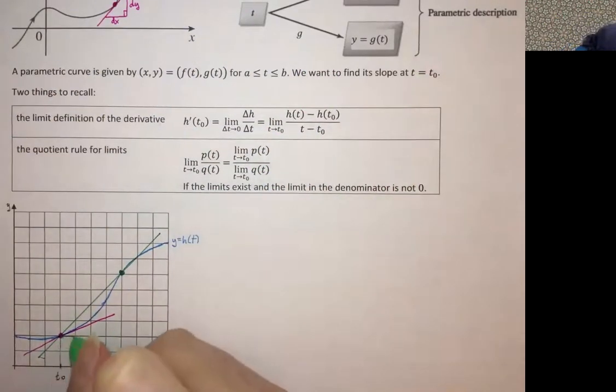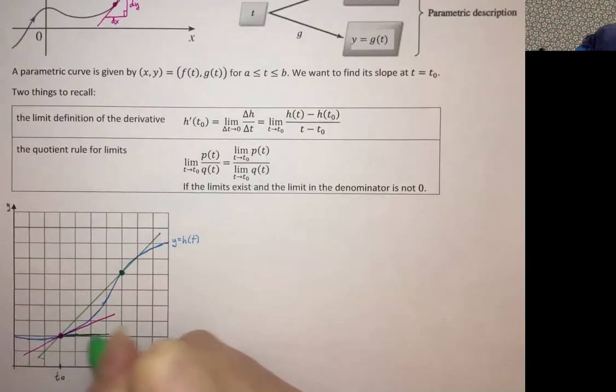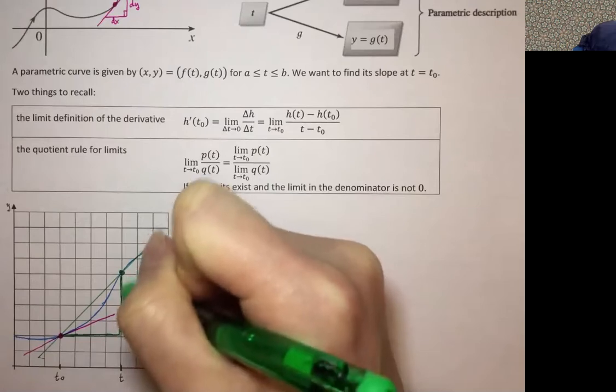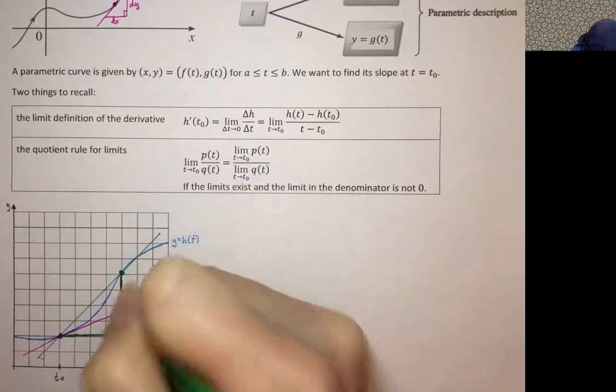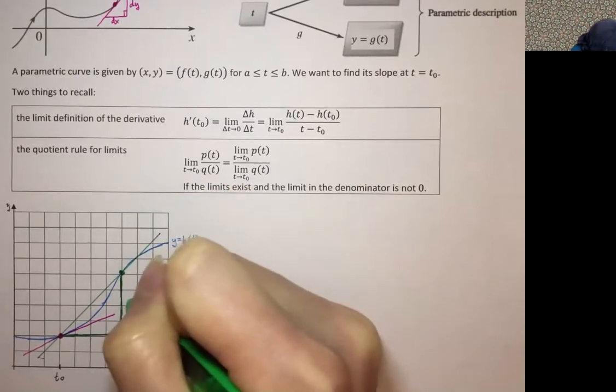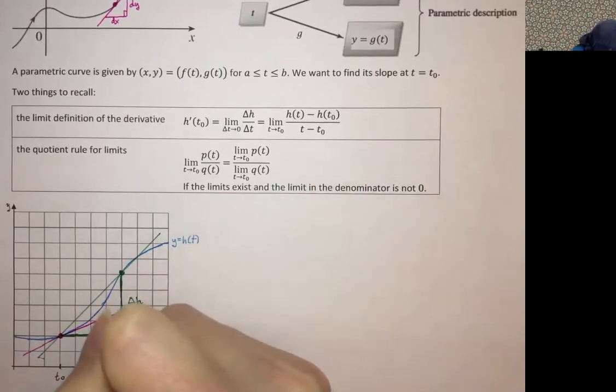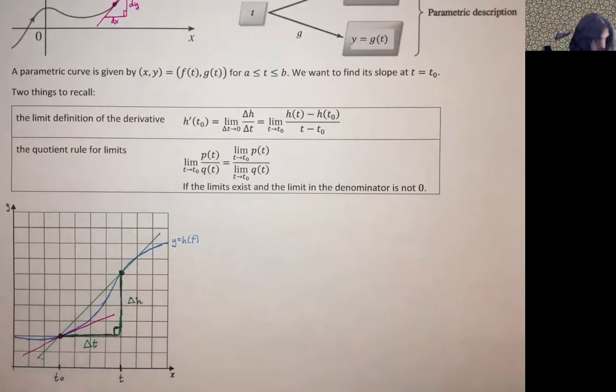We have a right triangle described by those 2 points, which we use to calculate the slope of the secant line. We have over here on the rise, a change in h values, and over here on the run, a change in t values.